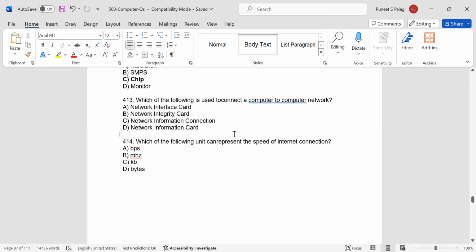Which of the following is used to connect a computer to computer network? It is network interface card.